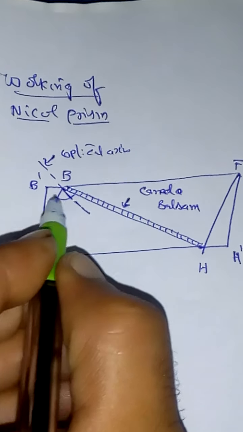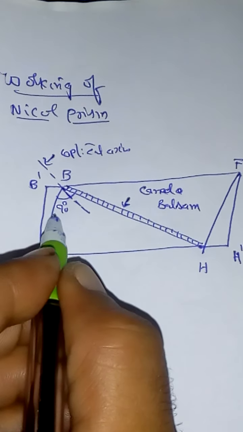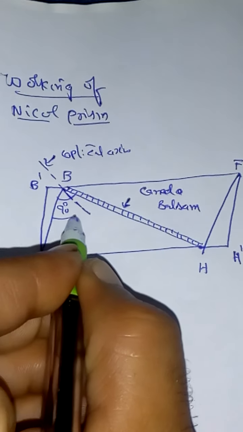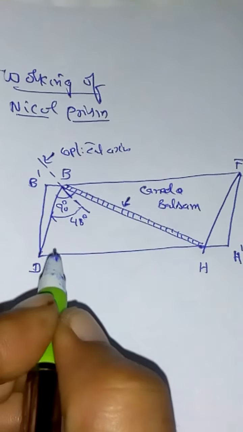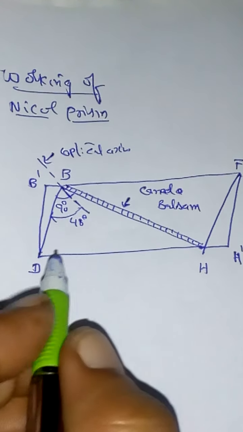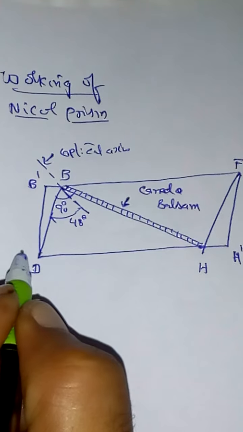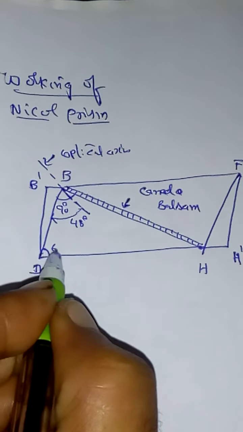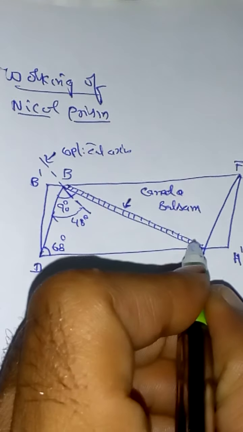Now this is 90, up to this point. This is 40 degrees. This is 68 degrees. Again, this is 90.